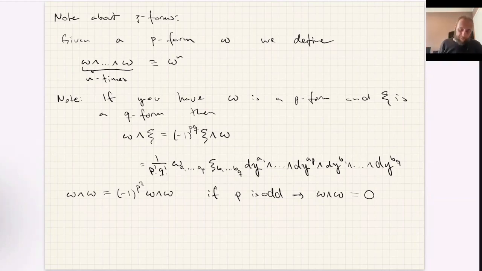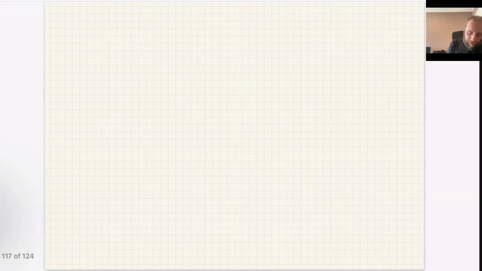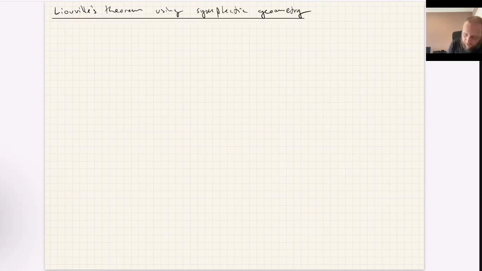So if we now revisit Liouville's theorem using differential forms and symplectic geometry, we first need to define what volume means on phase space.